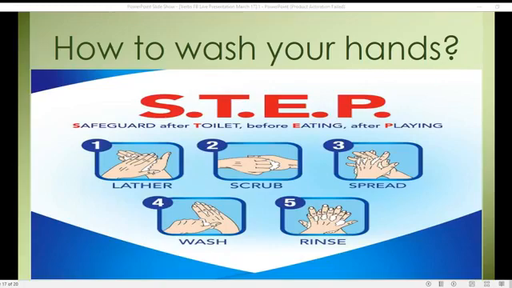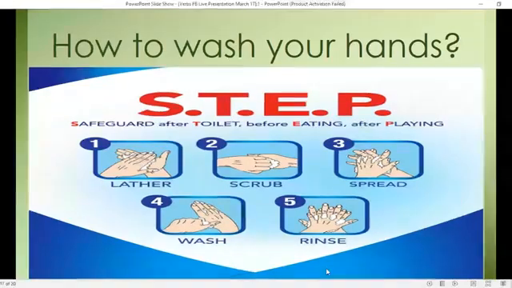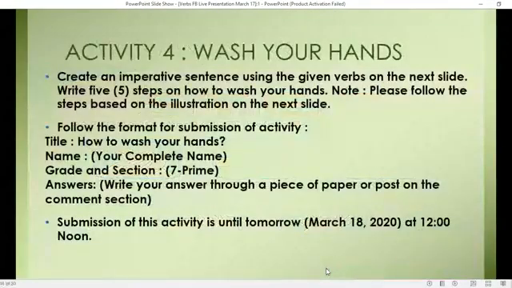Ayan. Meron naman pong sumunod. For this activity, let me read the format since we have already accomplished 3 activities. So, it is also recorded.